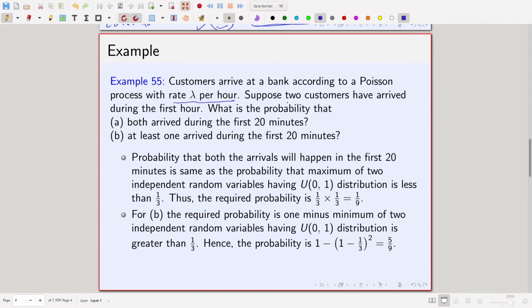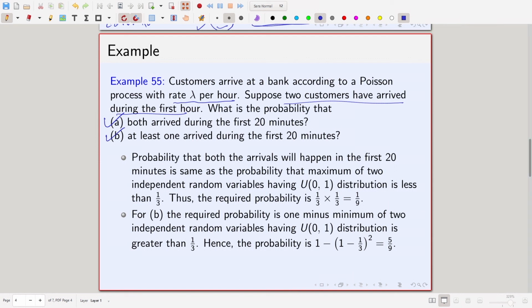This is the information that you are given, that within the first hour, that means within 1 unit of time, there have been 2 arrivals, or 2 events. Now the question is, what is the probability that both arrived during the first 20 minutes?